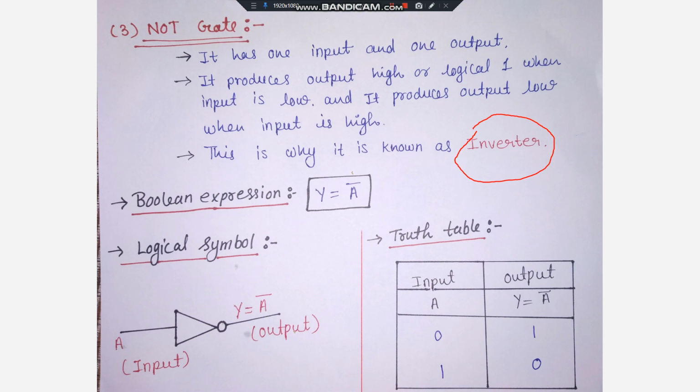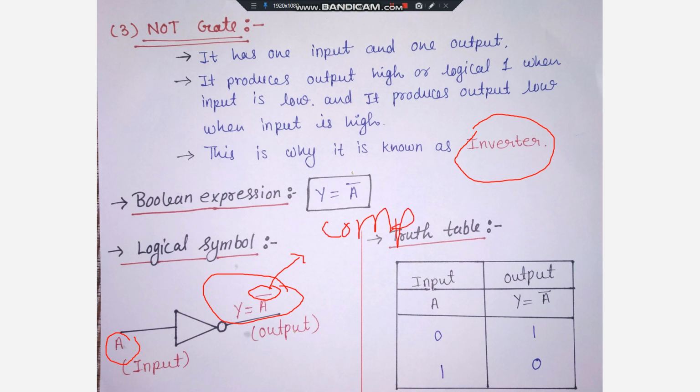See here, if we talk about the logical expression or Boolean expression, so here if we have the input A, then output, as we know, we are getting the opposite. That is, if we have input 1, we are getting output 0, means the exact inverted form. Okay, so here we will represent that in the expression with a bar over A, and this bar we will call complement. इसको हम बार नहीं बोलेंगे यहाँ पे.